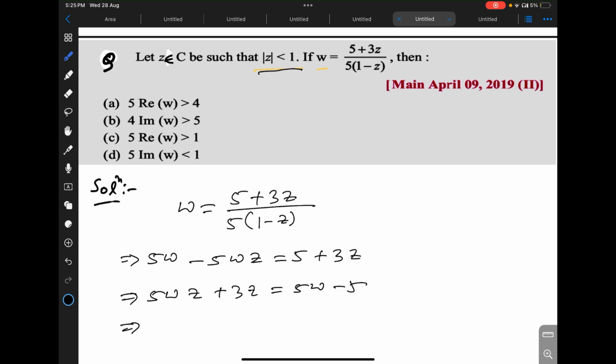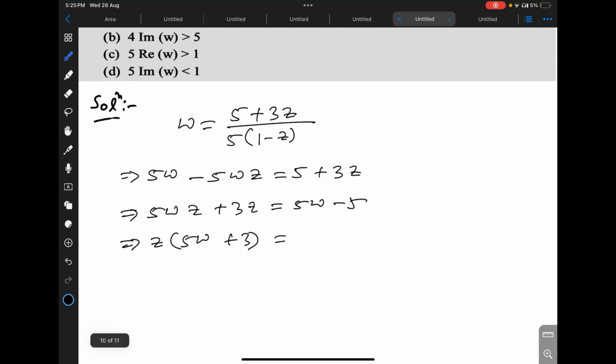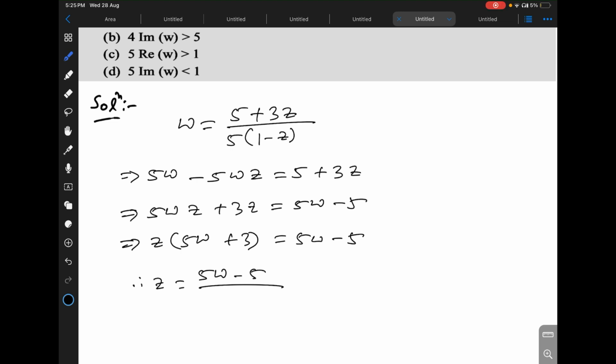So take z common, (5 omega + 3) z, and from here 5 omega minus 5. So z is of this form: (5 omega - 5) / (5 omega + 3).